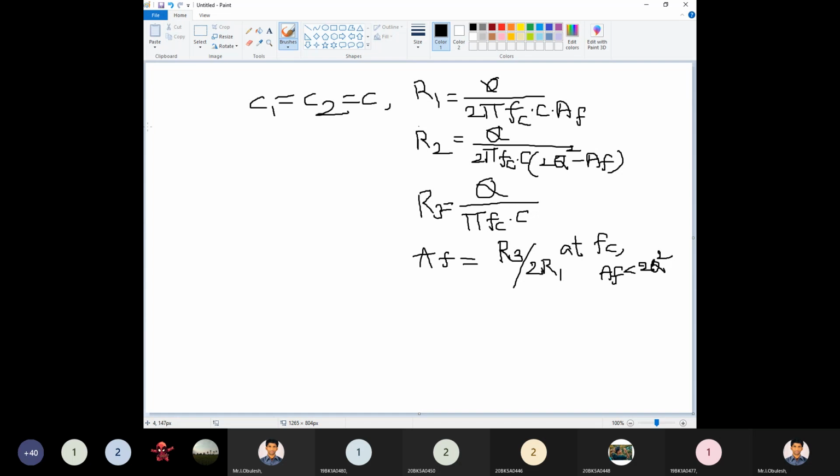This is for the narrow band pass filter.